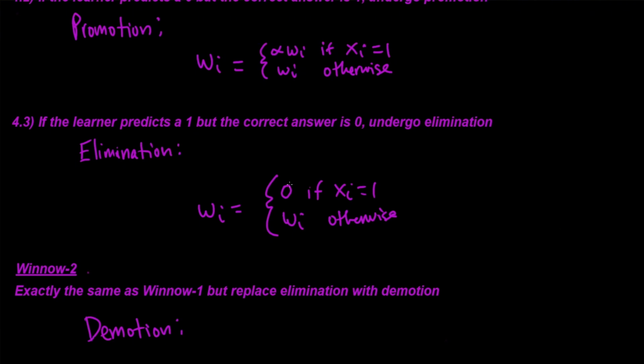So basically, we're changing the weight to 0, and we're never going to be able to recover this weight. This weight will always equal 0 on future iterations, which is far too extreme. So that's the main benefit of the Winnow-2 algorithm, which we're going to talk about next: we are going to be replacing the process of elimination with something better.